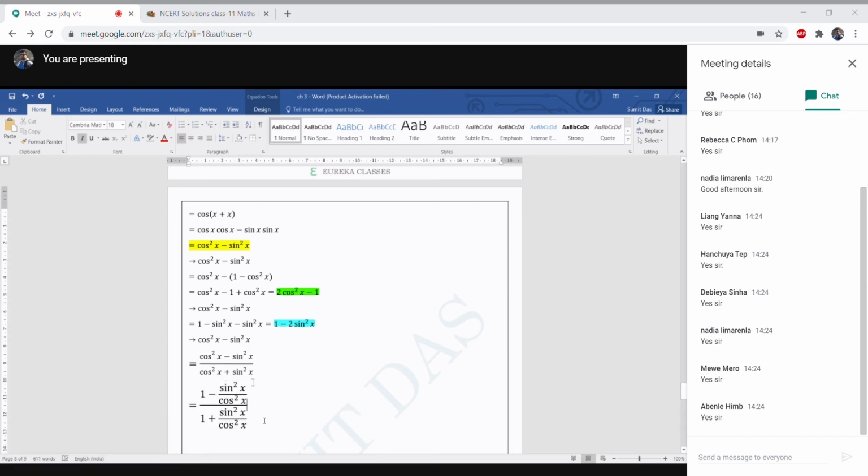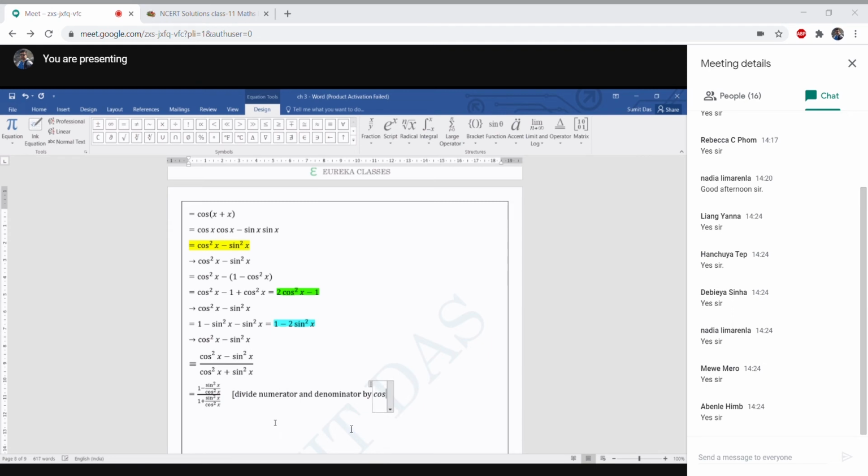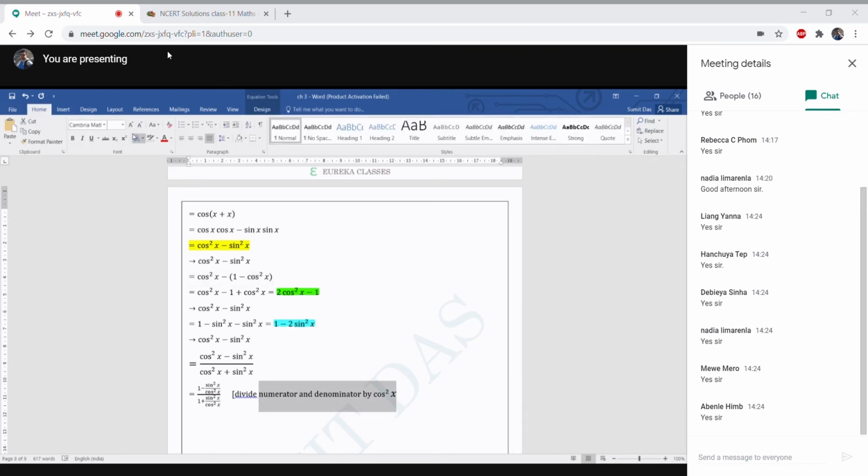Write down here. Divide numerator and denominator by cos square x. Fine. Understood.